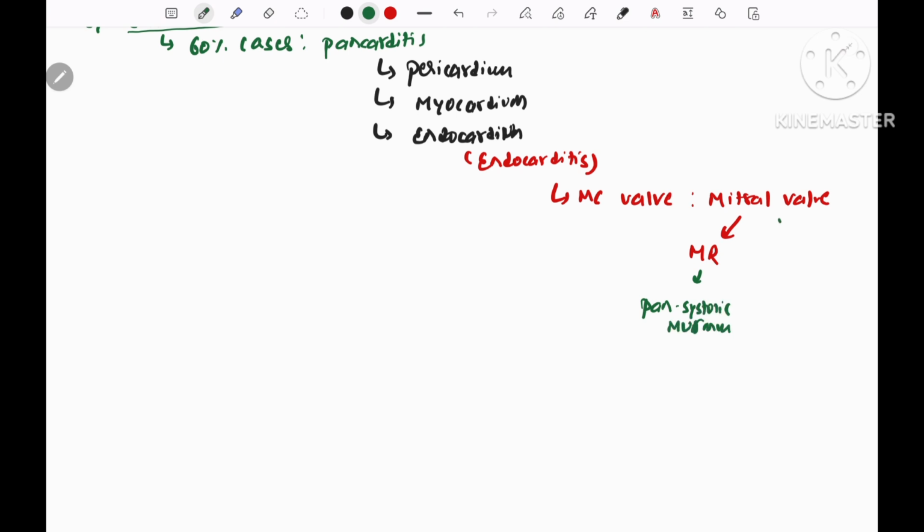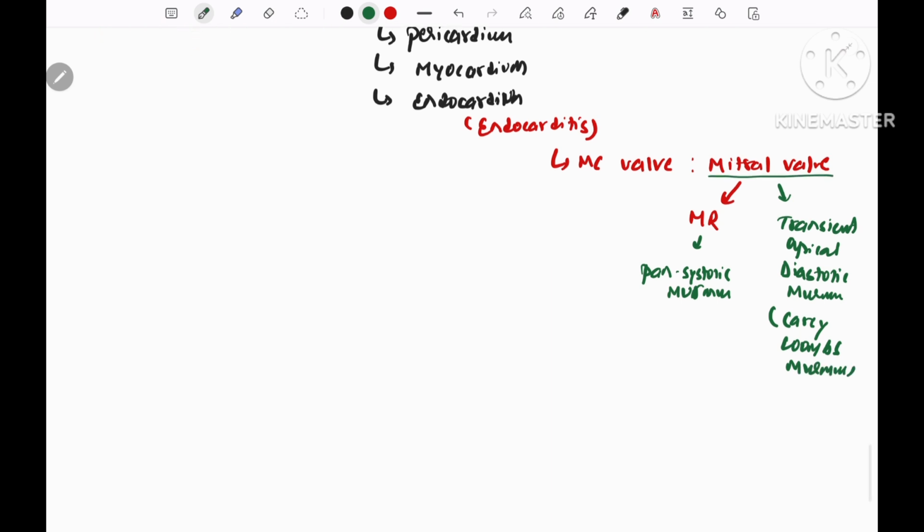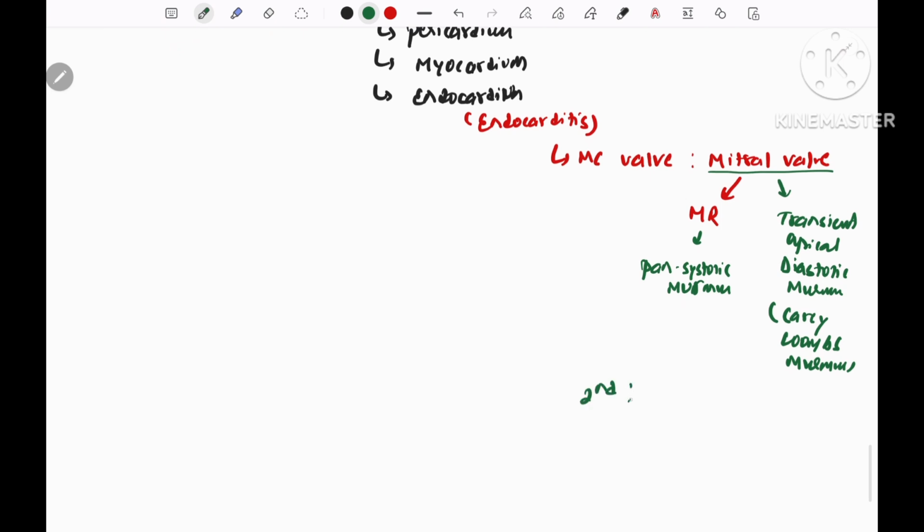And sometimes a transient apical diastolic murmur occurs, which means the Carey Coombs murmur. After the mitral valve, the second valve which is most commonly affected is the aortic valve.